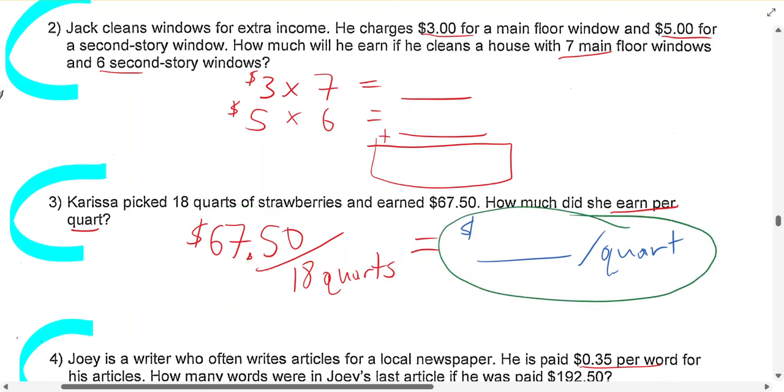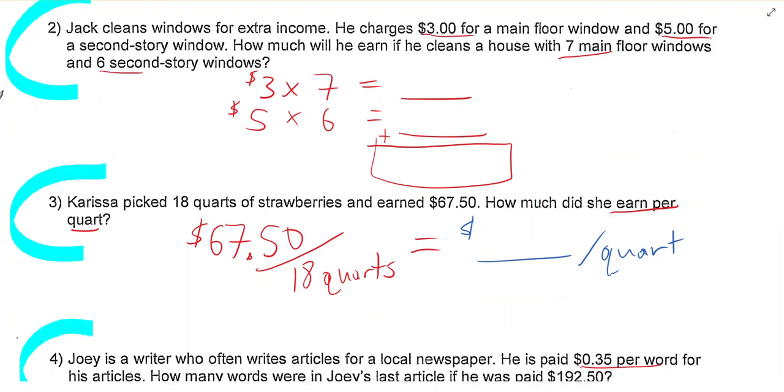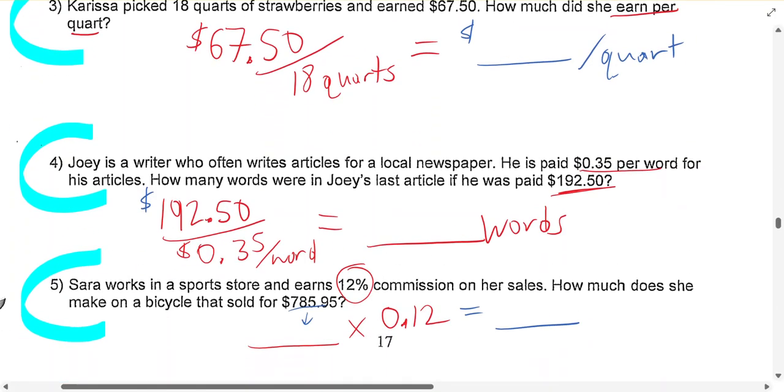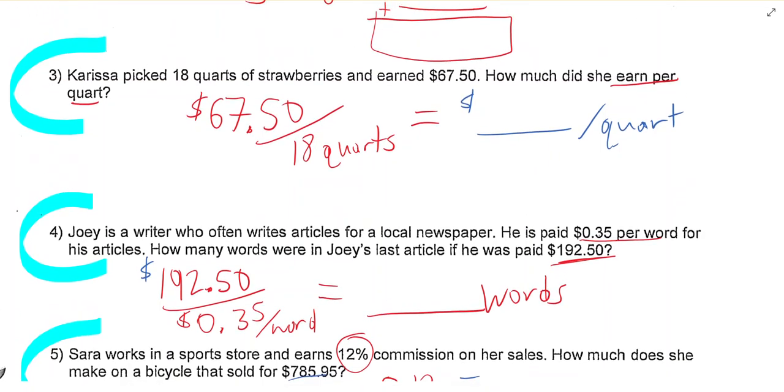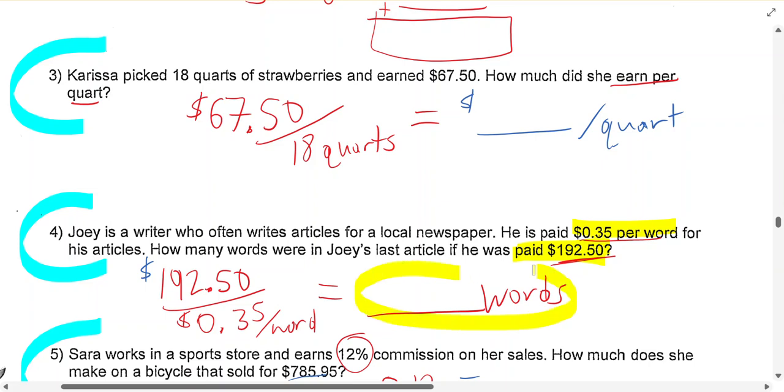So it's a simple division. Next one, going on, number 4. You have the total paid, you have her rate, so you have to divide them to figure out how many words she wrote. Her pay divided by her rate will equal how many words she typed for her article.